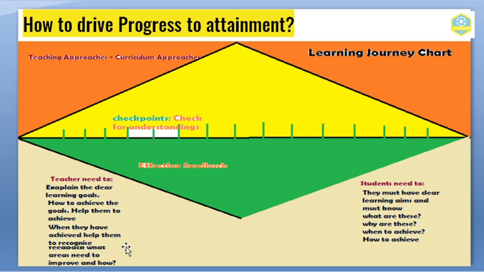When they have achieved, help them to recognize it. The students should realize when they have achieved and how they have to achieve, once they are clear what exactly they are going to do. Teachers should recognize what areas need to be improved.